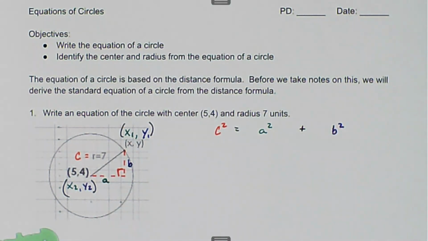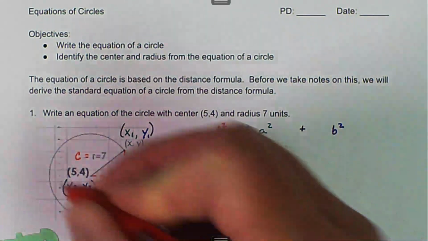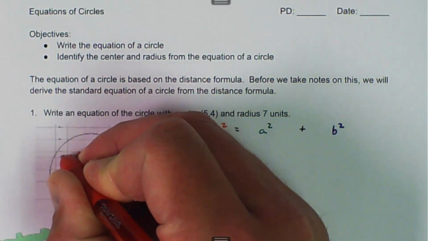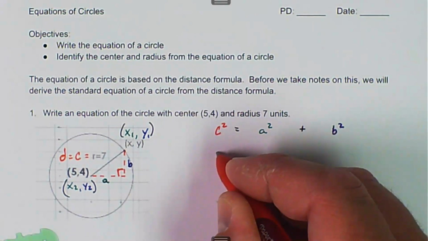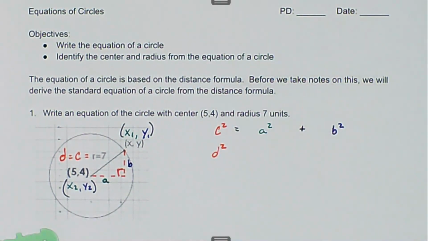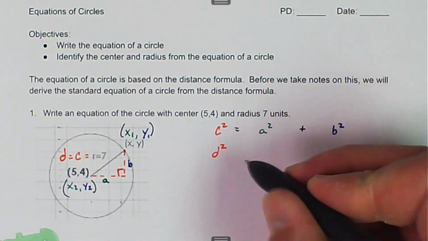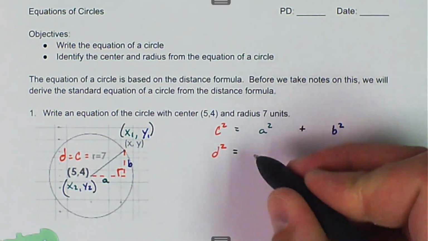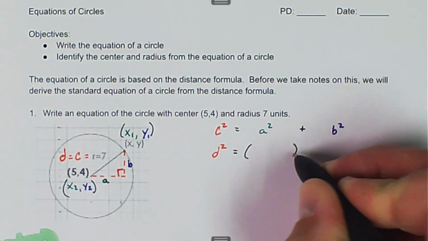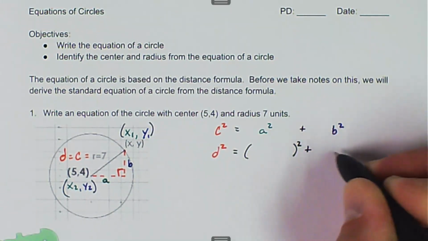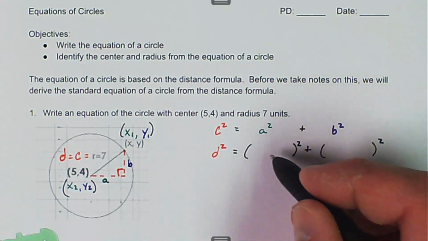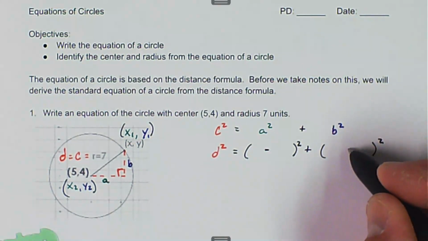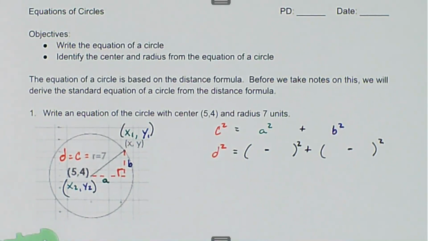Well, the Pythagorean theorem we can also change to our distance formula, where our c value is our distance. So instead of saying c squared, we're going to say d squared. And these other values are going to stay the same. So the things that never change in the distance formula, we always have our two parentheses joined with addition. And in our distance formula, the base value for that middle sign in the parentheses is always subtraction.